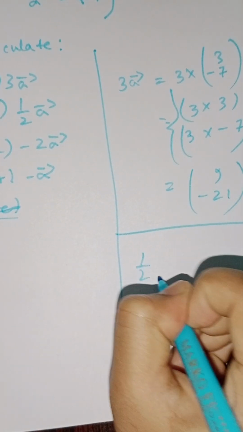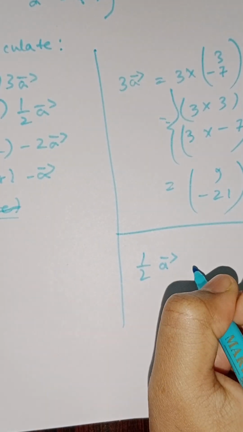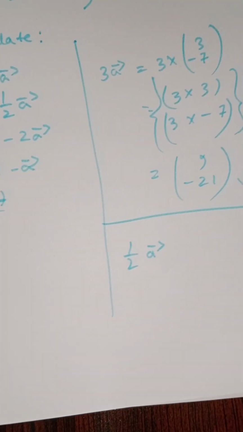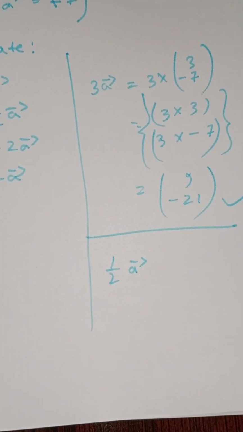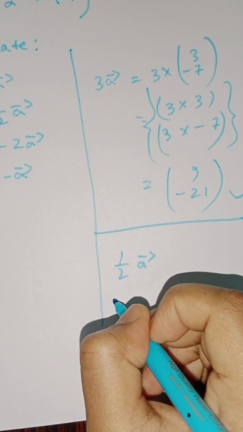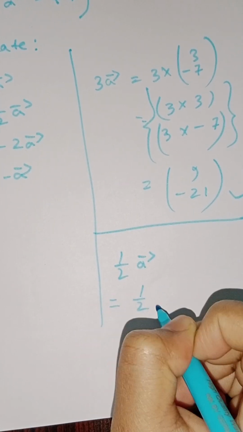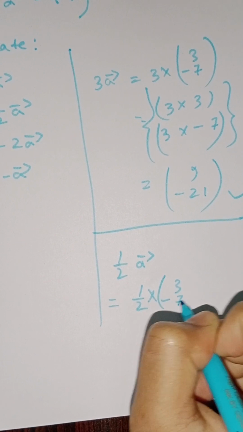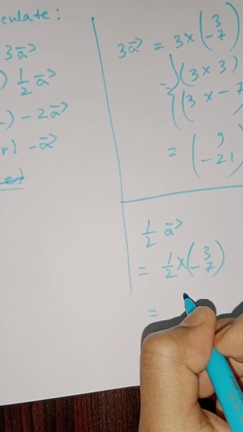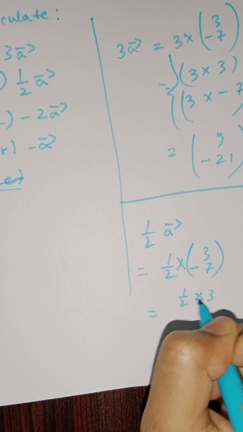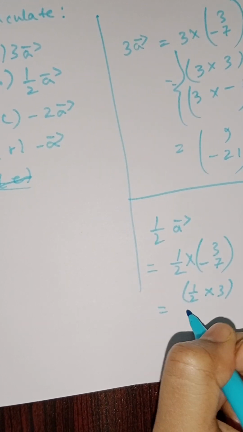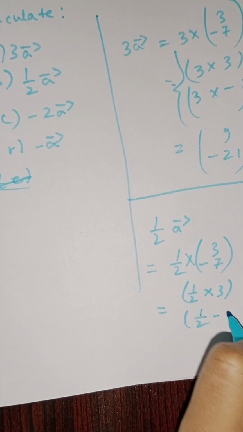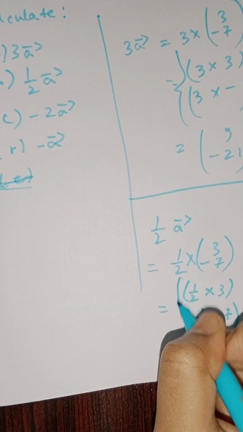The second one is half of vector A. Now, as I have told you in the discussion right before this sum, it will be the same as this. Half times 3 minus 7. So what we do is we multiply individually and keep them in second brackets.